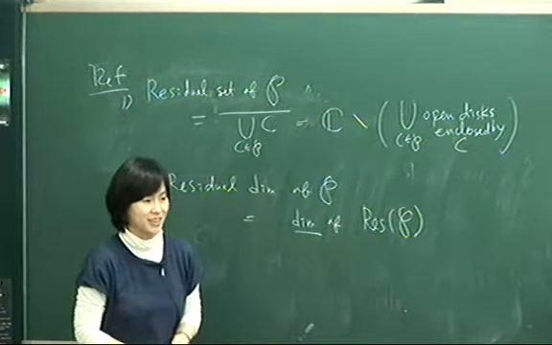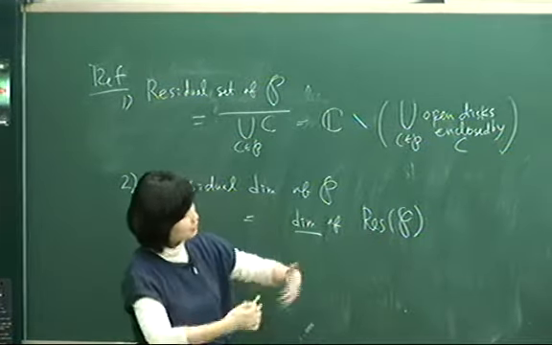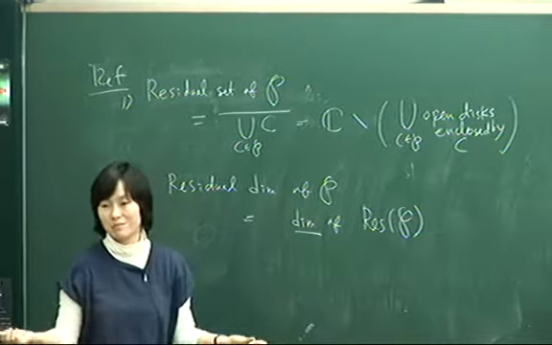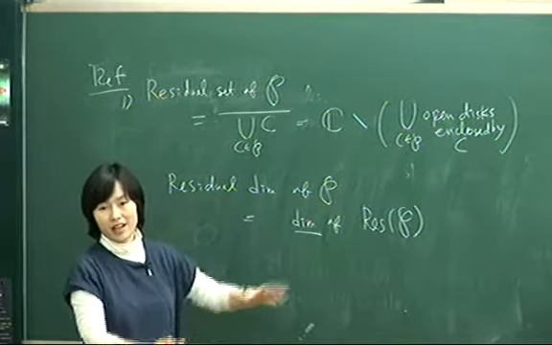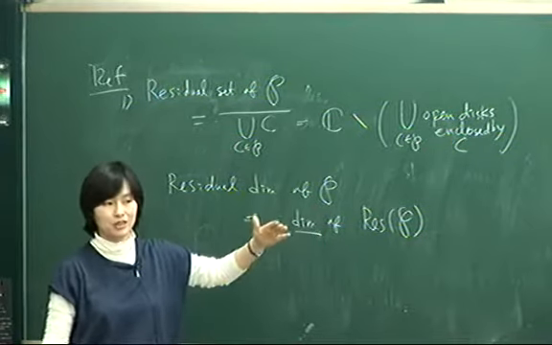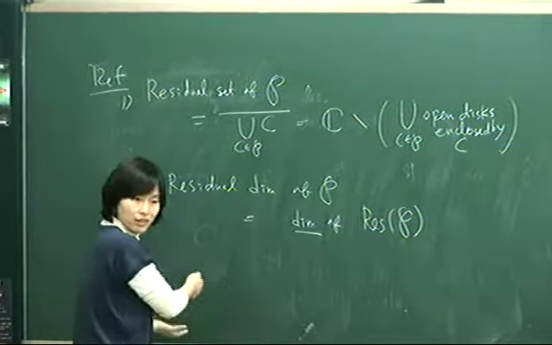Okay, so what dimension? So this is a union of countably many circles, so the dimension has to be at least 1, right? Because the circle has dimension 1, and it is a subset of a plane, so it cannot exceed 2. It's something between 1 and 2, but of course it's not 1 and it's not 2.